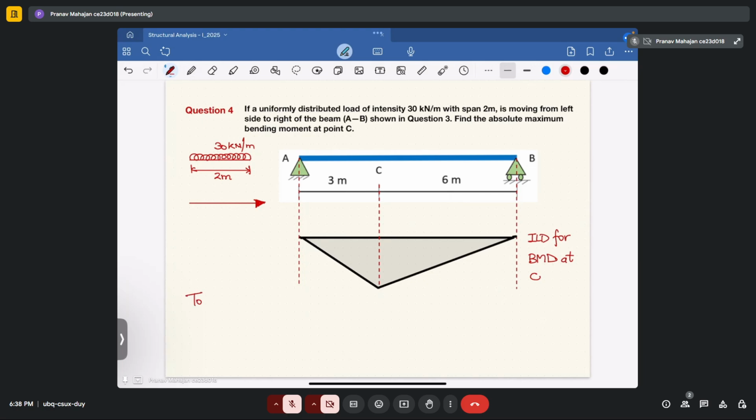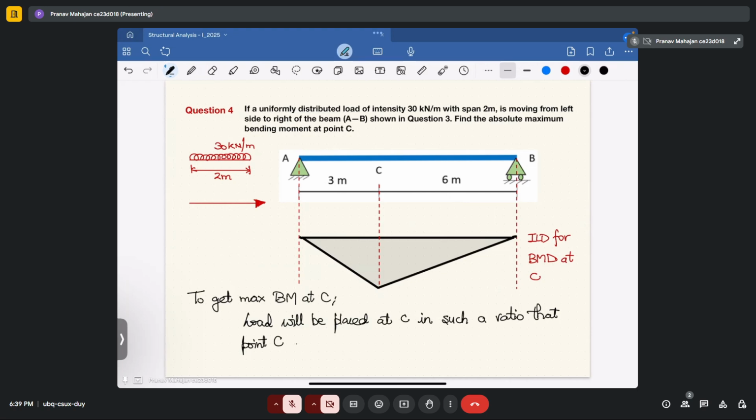So to get the maximum bending moment at C, the load will be placed at C in such a ratio that your point C will divide the beam and the load in the same ratio.